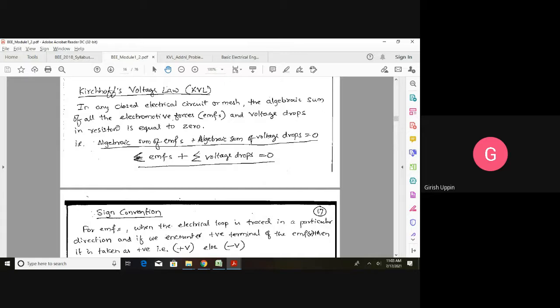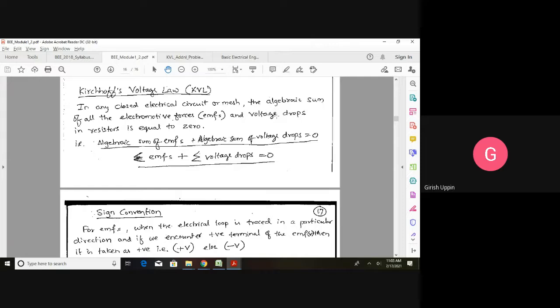Memorize this statement. In a closed electrical circuit or a mesh, the algebraic sum of all the EMF, electromotive force, and voltage drops. What is voltage drop? I into R is the voltage drop. Current into resistance is the voltage drop.